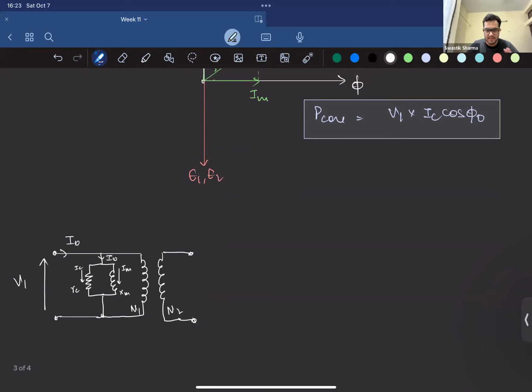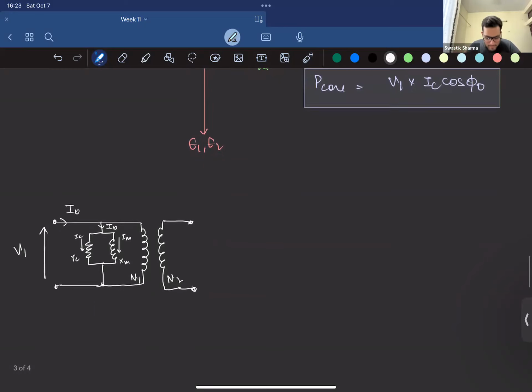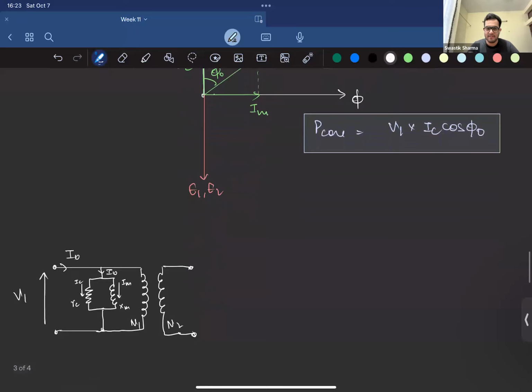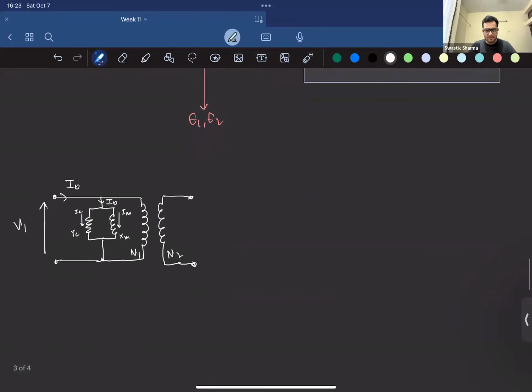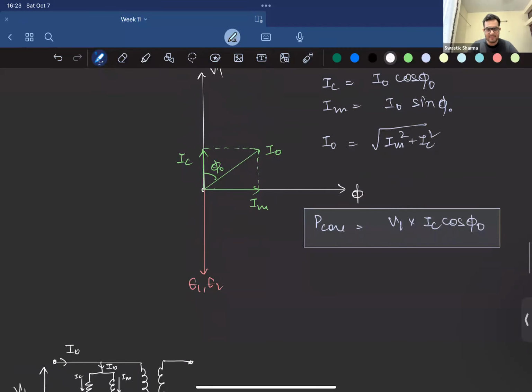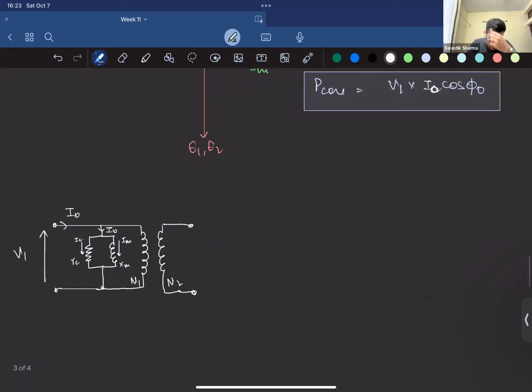Since it's lagging, it must definitely have inductance, that's for sure. But since it's not purely lagging at 90 degrees, it must have some resistance too, right? So that's how I've differentiated both. And since we know that V1 times IC, that is I naught times cos phi naught, will produce the core losses, that's why I've represented it by RC.